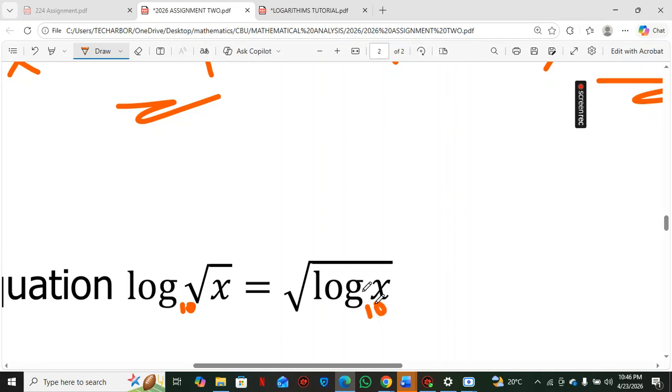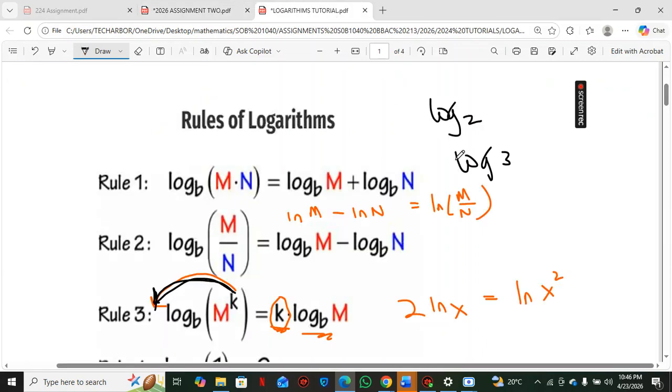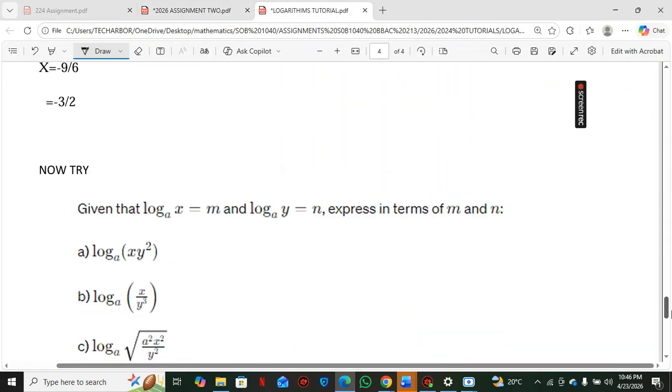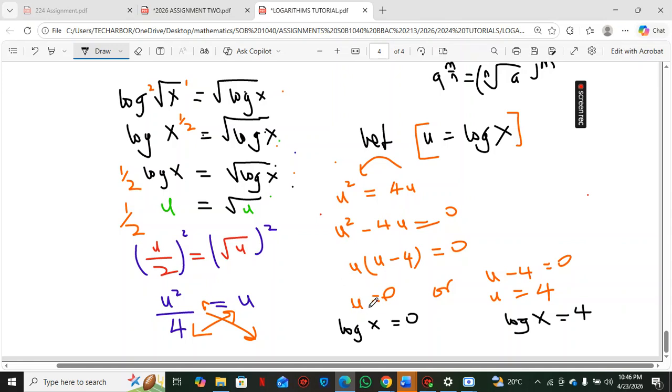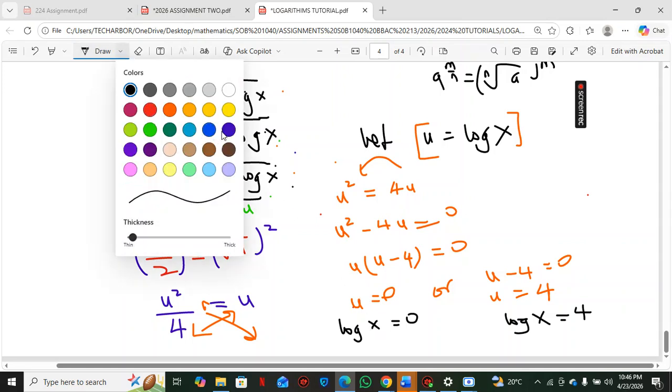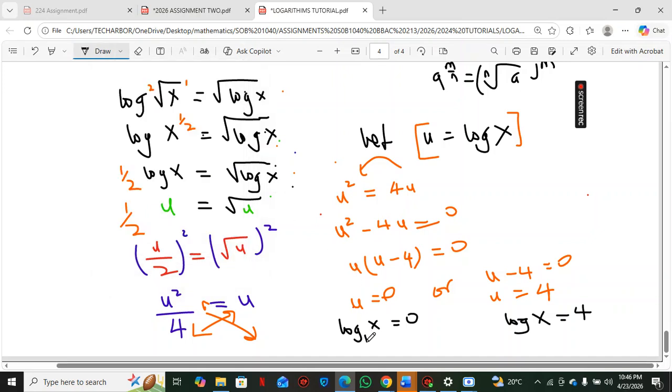If they say log like this, and then a letter or a number, just know it's log base 10. You need to remember that. They won't give you a hint in the exam or anywhere. You'll be expected to know that. So here, this is log base 10, and also here we have log base 10.